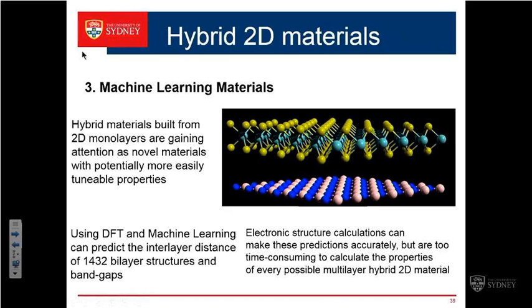So you get your data by doing very many standard calculations on your computer, and then you use machine learning and create your descriptors as input, and then the code runs and you can predict particular combinations of layers, and you can predict the interlayer spacing and the other properties that I mentioned.